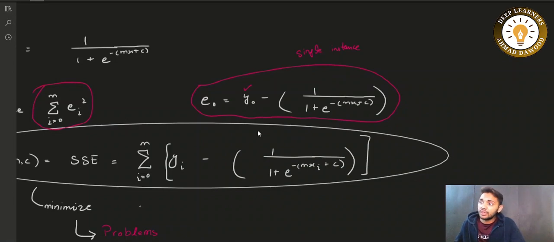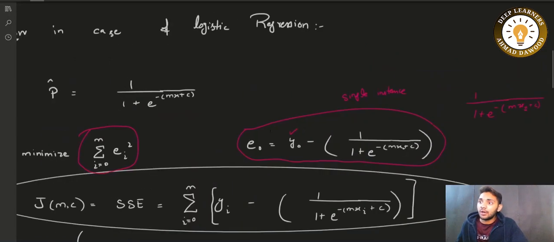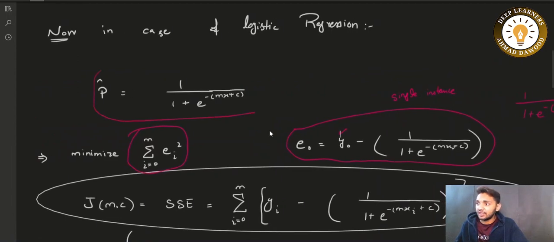So error 0 will be the actual value y0 minus our prediction value. The prediction value will be 1 over 1 plus e raised to the power minus (m x0 plus c), because we are considering the 0th point. So for a single instance our error will be like that, because our model's equation is this instead of the simple linear equation.